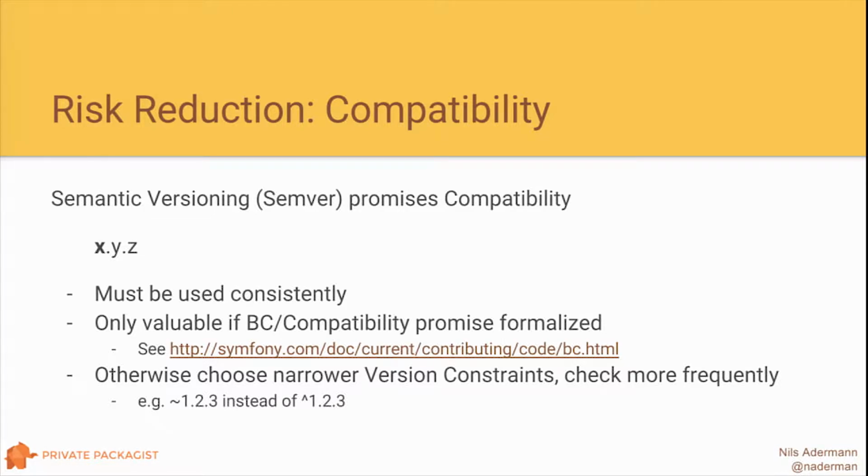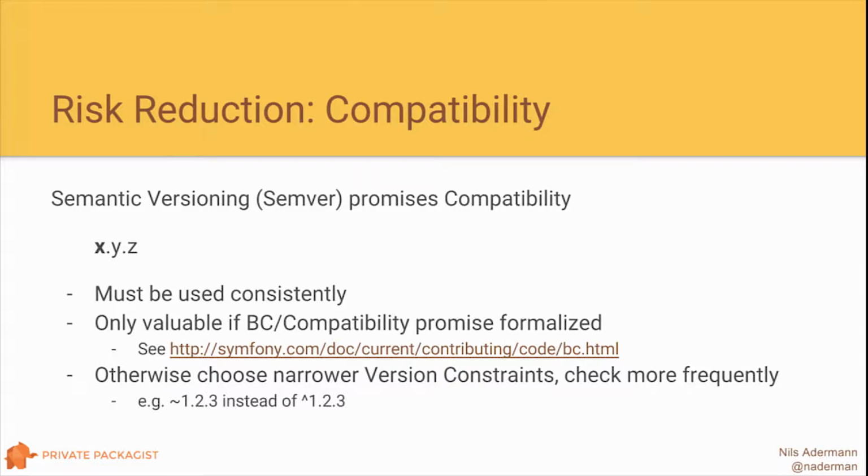And on the other hand, if you're using a library, look at this thing and make sure that the way you're using the library, depending on what kind of version constraints you're using in the composer.json, actually matches up with your expectations. Right? And if, on the other hand, people don't do this, it goes wrong, and you no longer trust them, a solution can be to simply pick more specific version numbers.